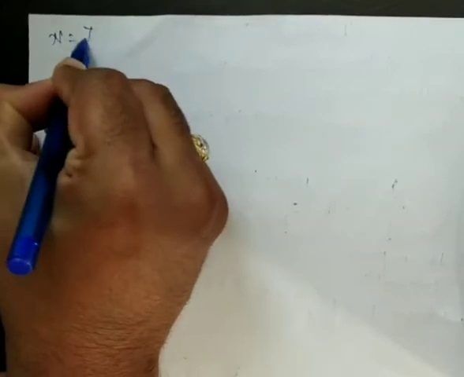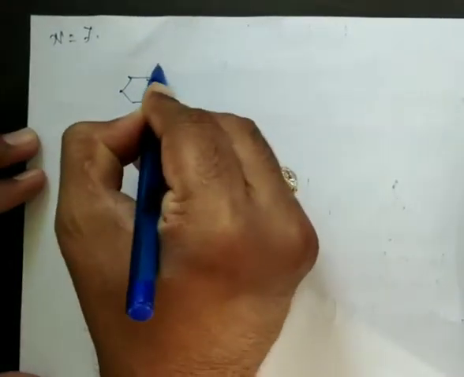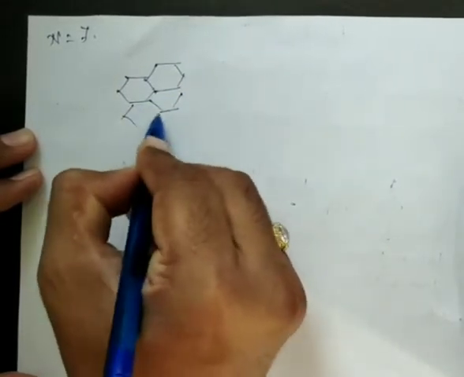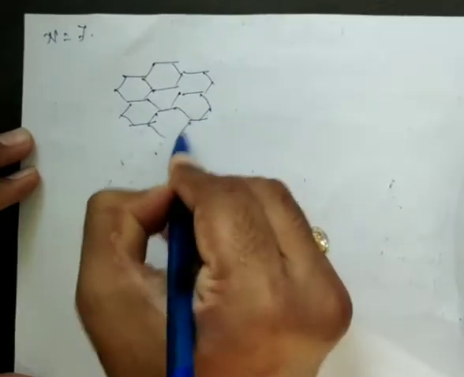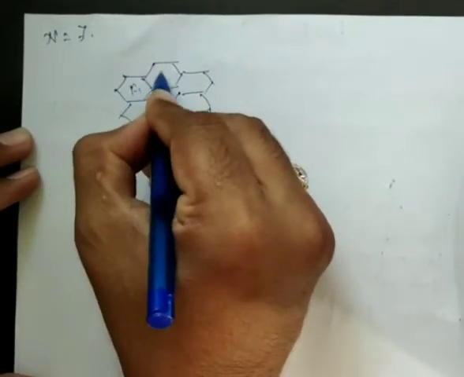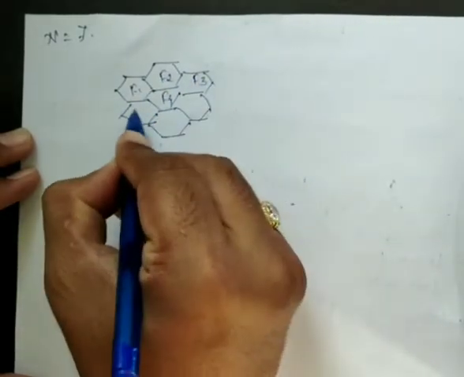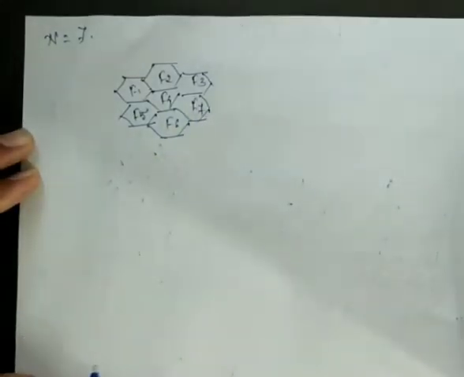If you want to draw n equals 7, draw cells 1, 2, 3, 4, 5, 6, 7, that is F1, F2, F3, F4, F5, F6 and F7.